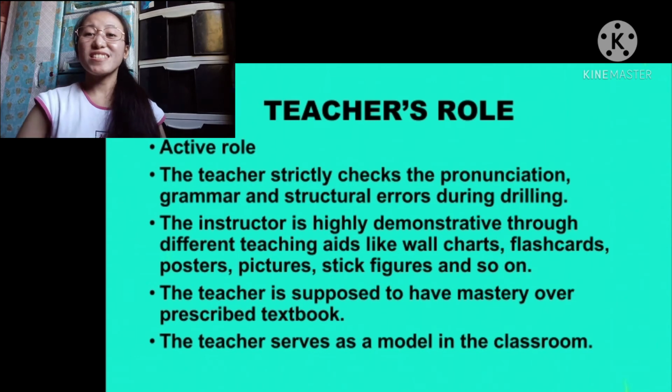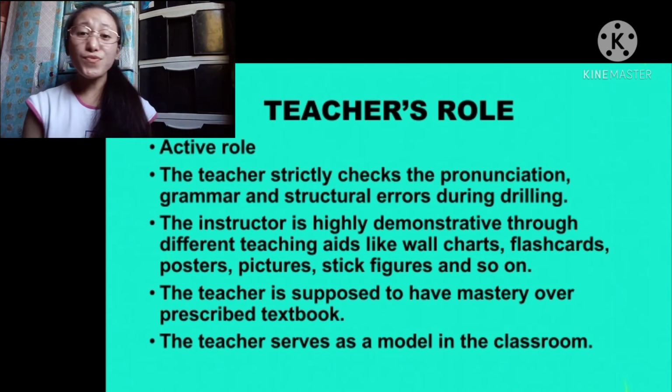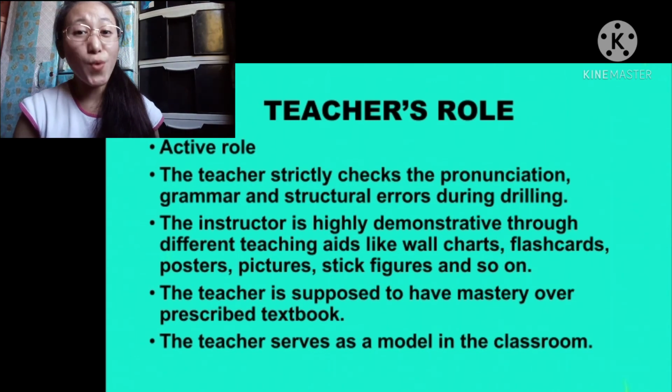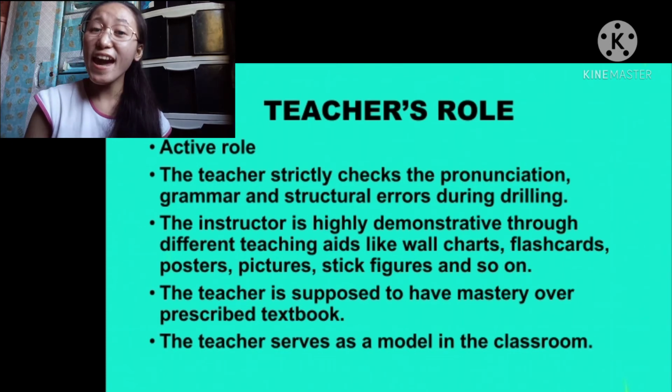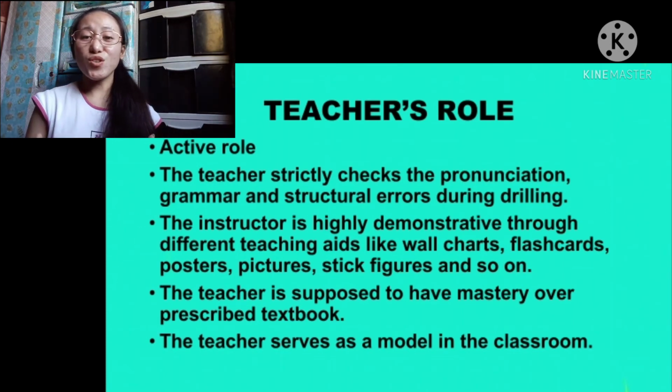So next, the teacher's role. If the role of the learner is passive, then of course the teacher is going to be active. The teacher strictly checks the pronunciation, grammar, and everything about the structural errors during drilling.